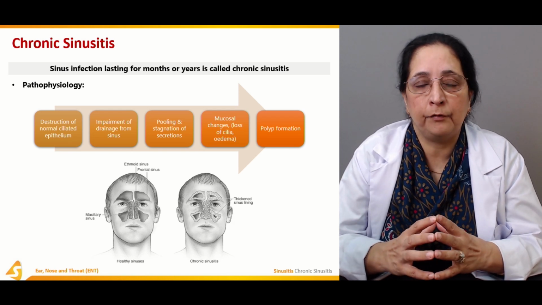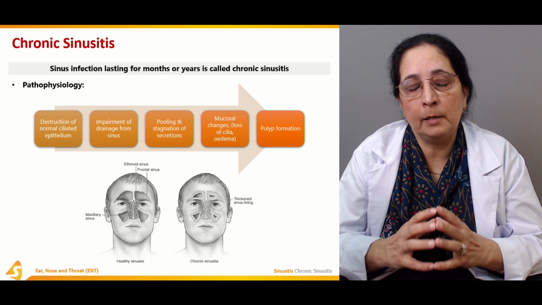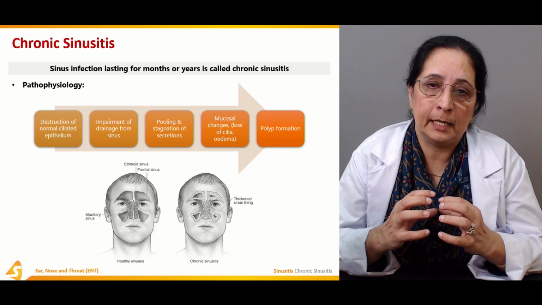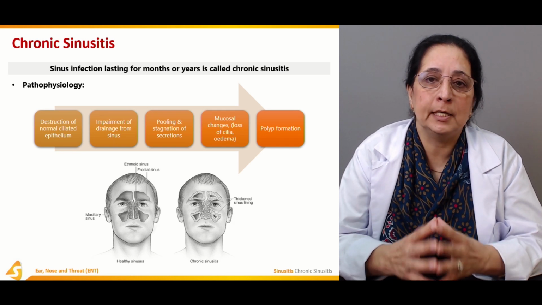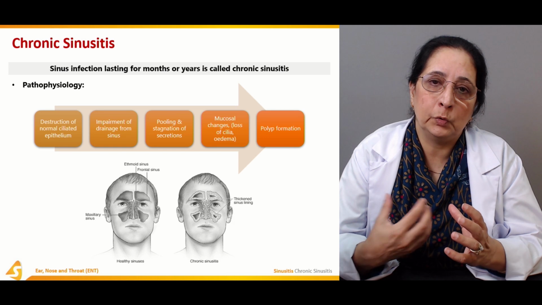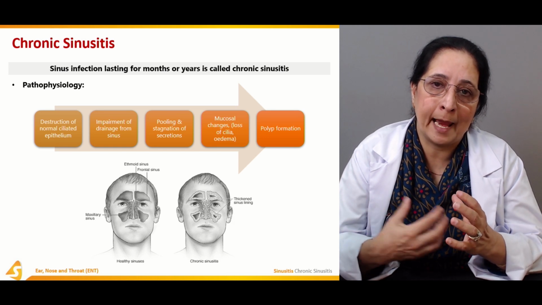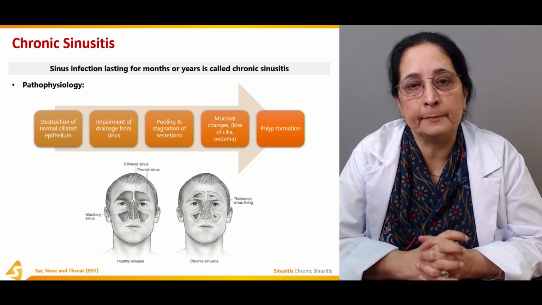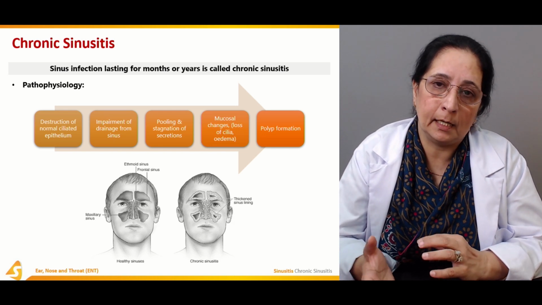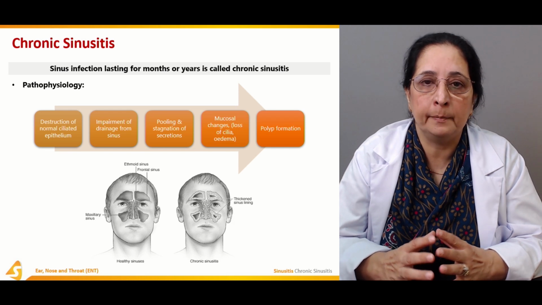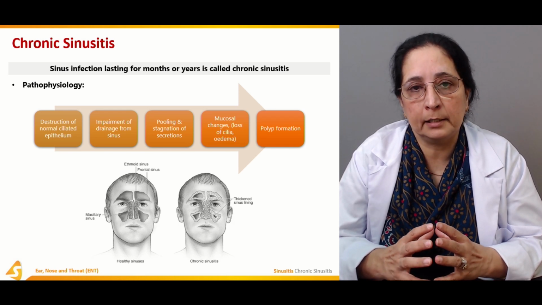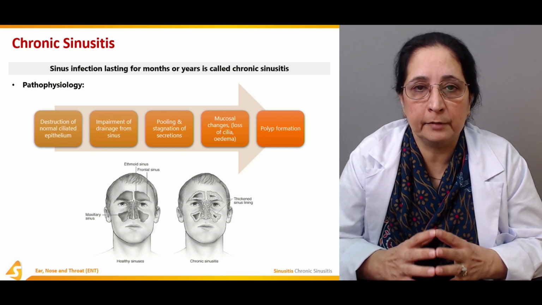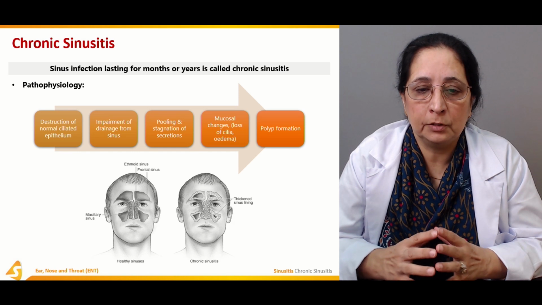So polyps are formed due to mucosal changes which cause secretion collection inside, and as a result of those secretions there is hanging of the mucosal lining leading to the formation of polyps. Polyps can be sessile, with no stalk attached to them, or they might be pedunculated polyps which have a stalk attached to them.